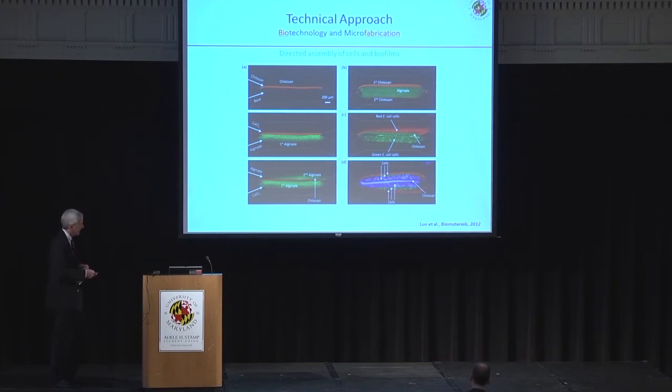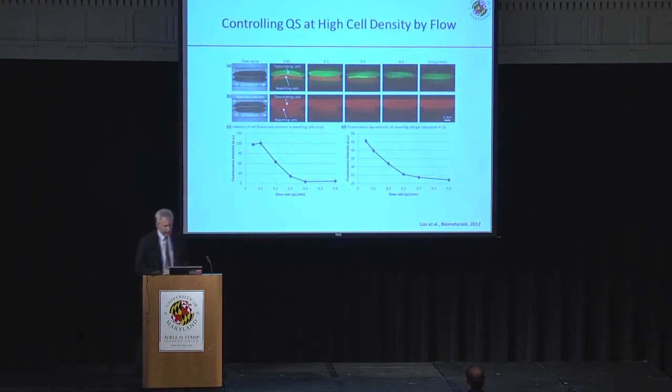If you take citric acid and run that through these channels, you can peel the layers off and then look at those cells under in situ techniques that you may have offline. And so here we just demonstrate the concept of controlling quorum sensing that's always at high cell density. So the common thought of bacterial quorum sensing is that it emerges as cell density increases.